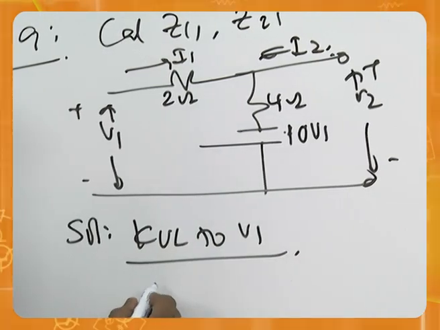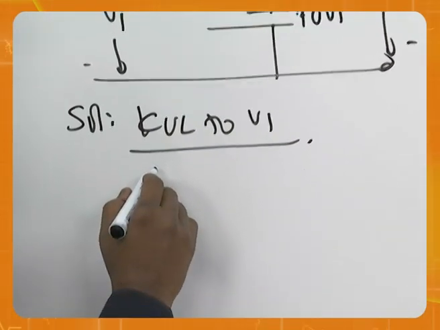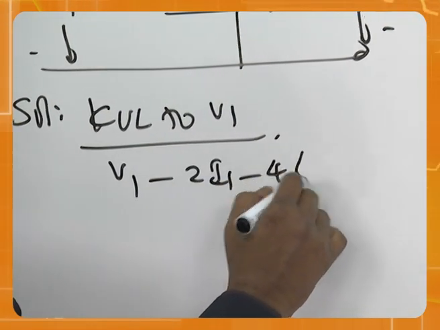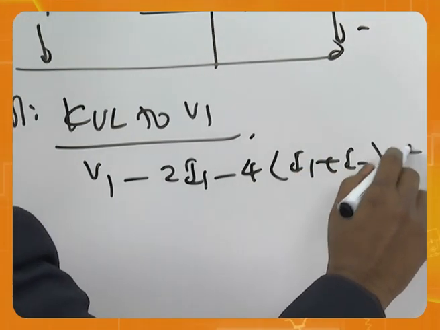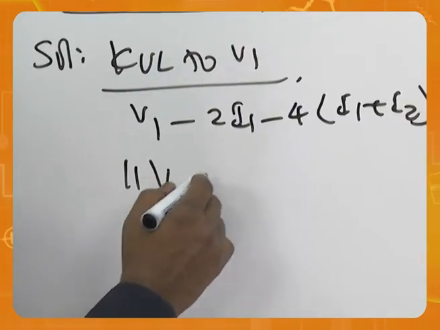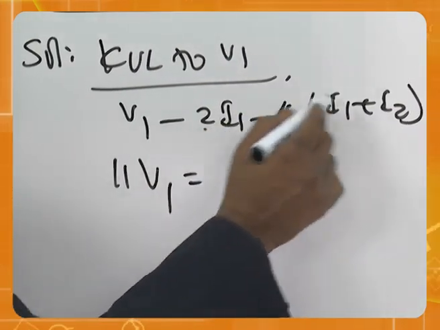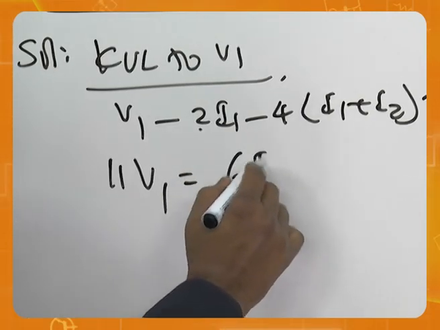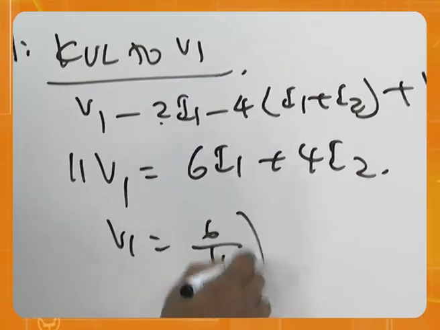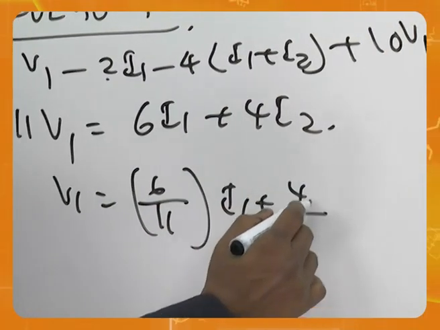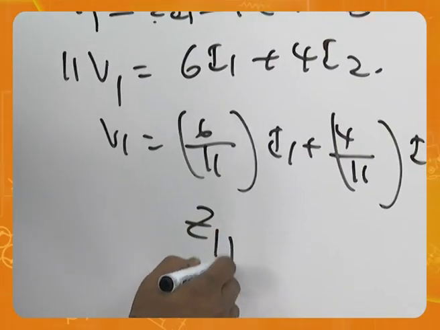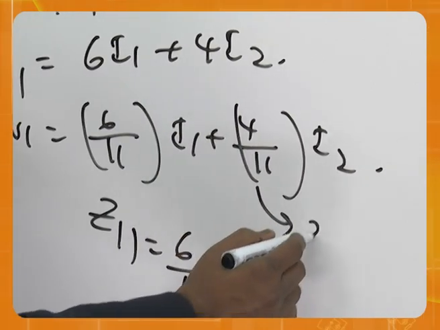KVL for V1: V1 minus 2I1 minus 4 into I1 plus I2, plus 10 V1 equals 0. So 11 V1 equals 2 plus 6 I1 plus 4 I2. So V1 equals 6 by 11 I1 plus 4 by 11 I2. Therefore, Z11 is 6 by 11.